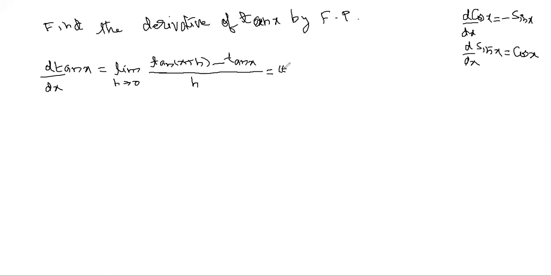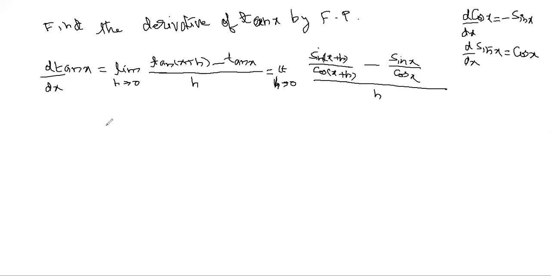So limit h tending to 0 of sine of x plus h divided by cos of x plus h, minus tan x, which can be written as sin x upon cos x, and this is divided by h.